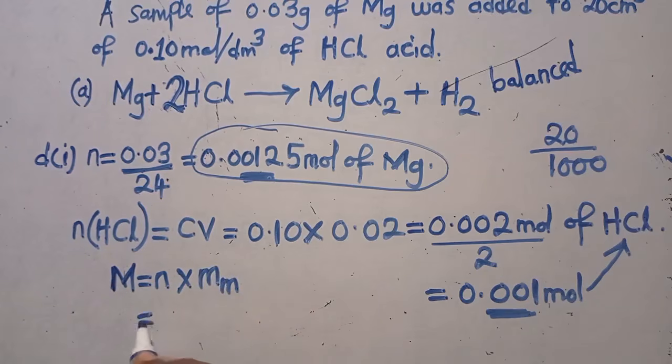So I subtract the 2 to find the number of moles that will be in excess, the number of moles that remained. The question says calculate the mass of magnesium which was in excess, that remained.